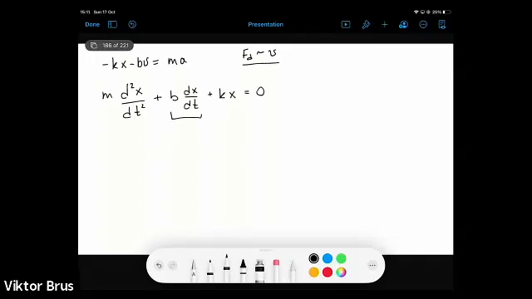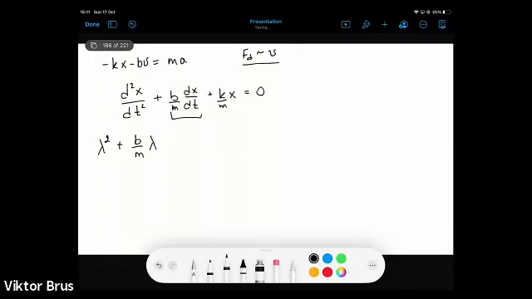If we divide by mass, we can rewrite it like this: b over m and k over m. Okay, now we can write the characteristic equation. Lambda squared plus, now we have the first derivative, so we write b over m times lambda.